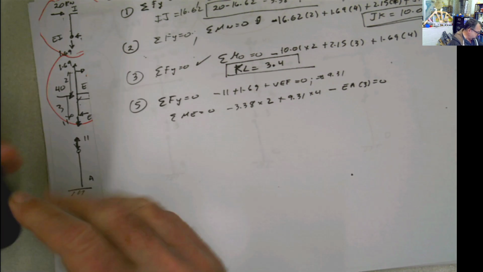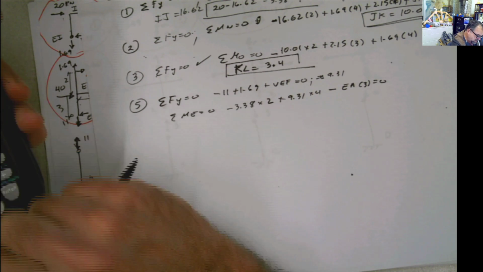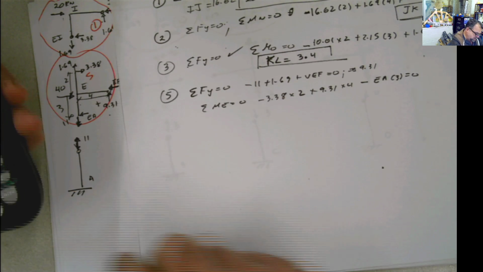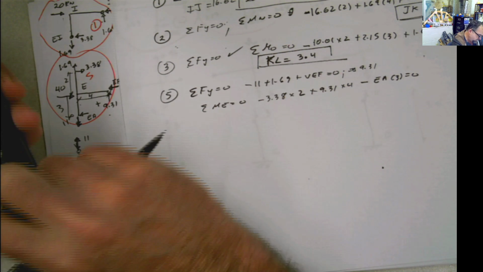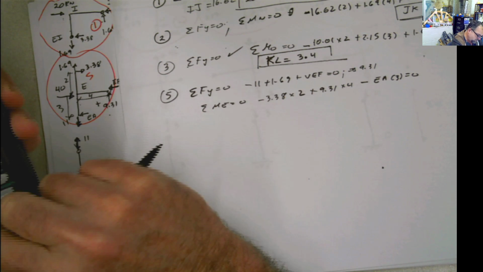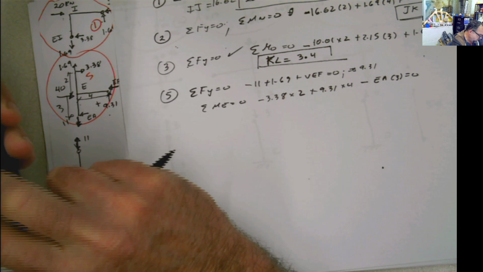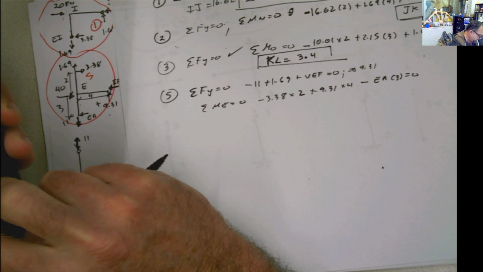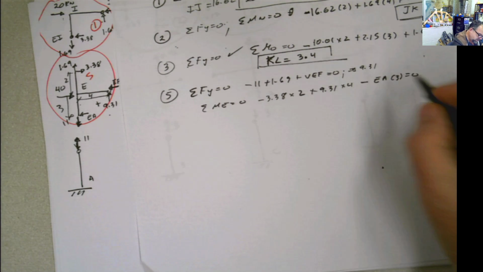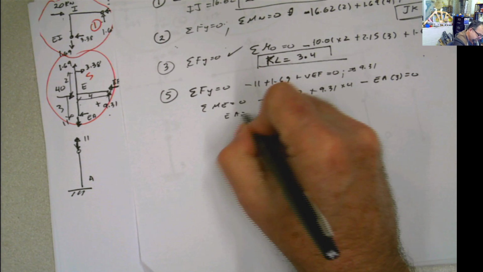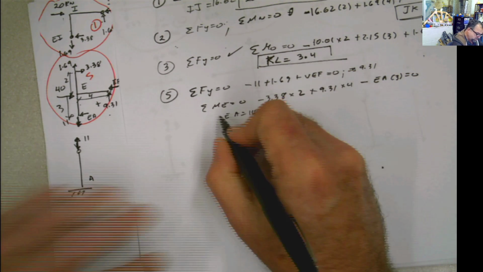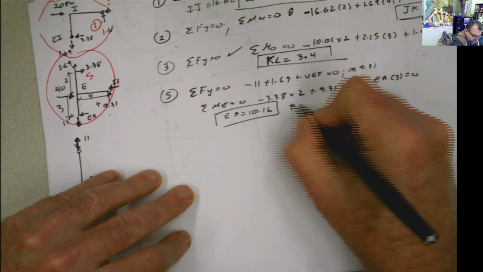If we do that, then we can calculate that value, 3.38 times 2 plus 9.31 times 4, divided by 3. That's 10.16. Remember, all the units are kilonewtons.